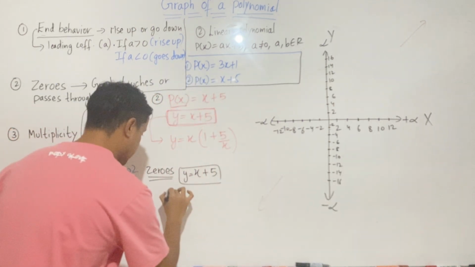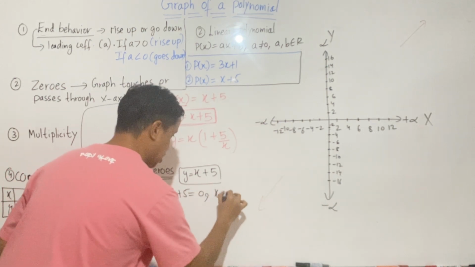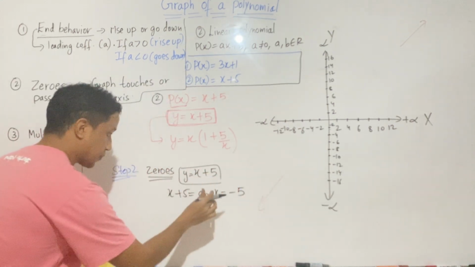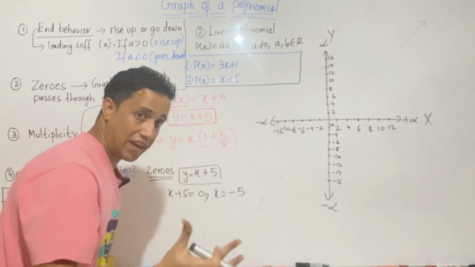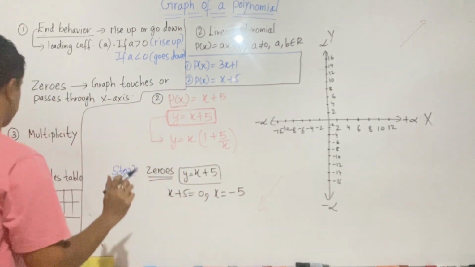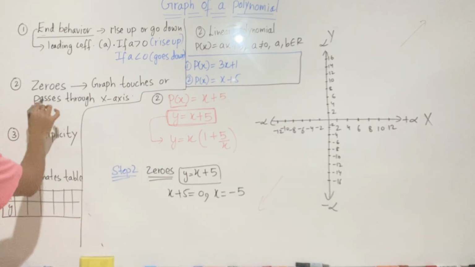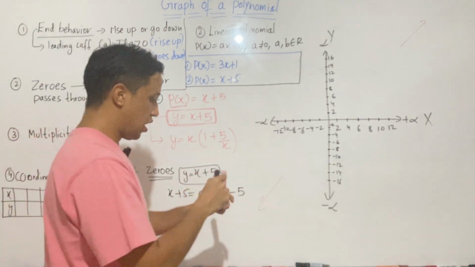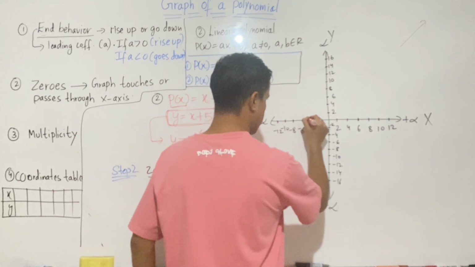So I can say x plus 5 equal to 0 means x equal to minus 5. So here the zero is minus 5, and it is going to be here.